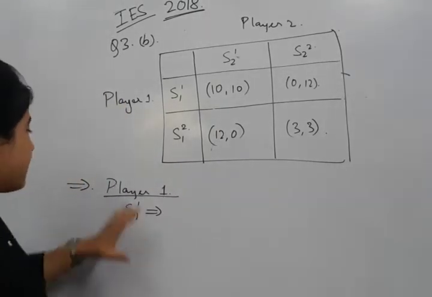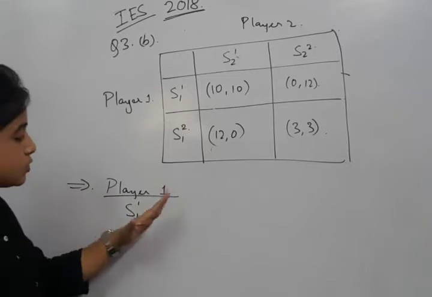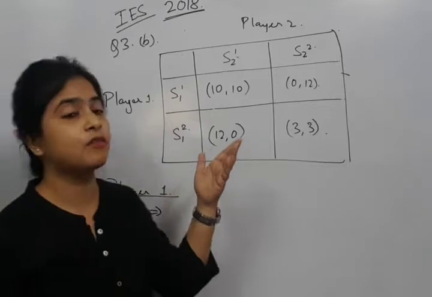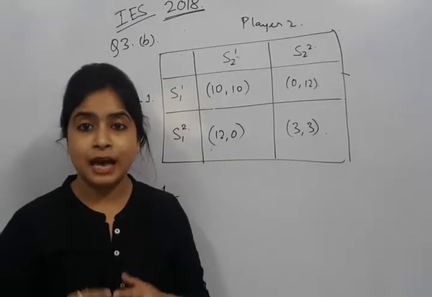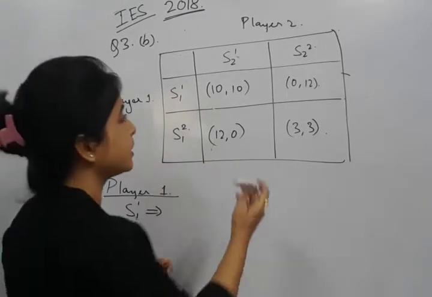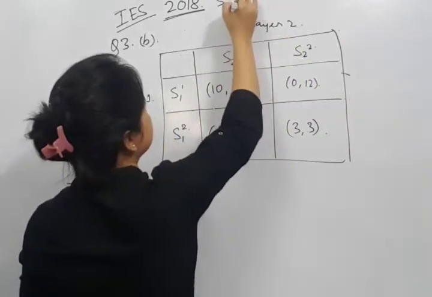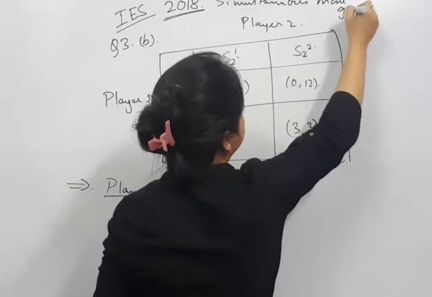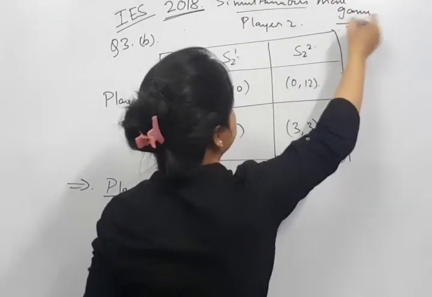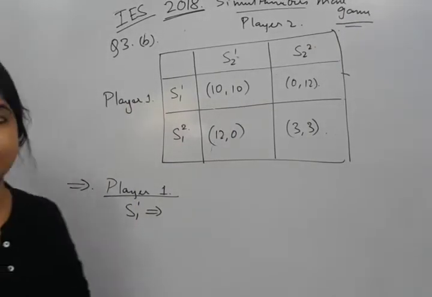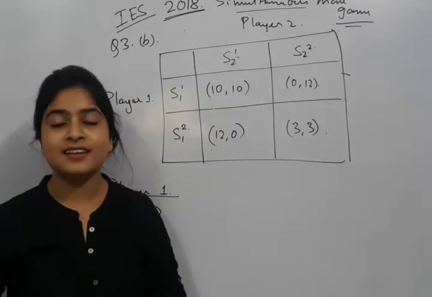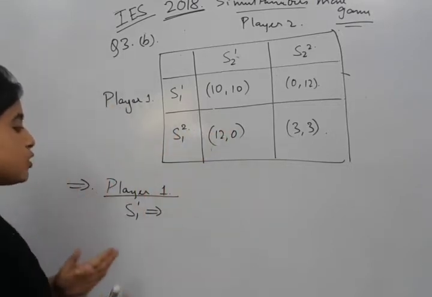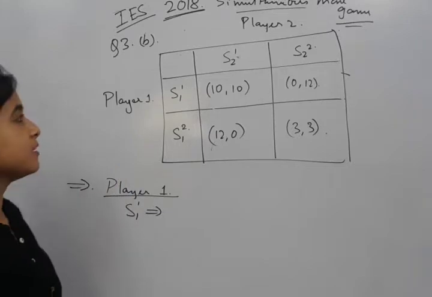Coming back, player 1 has chosen strategy S1 dash. He has declared it, and they have also mentioned that this is a simultaneous move game. So they know their strategies. That means player 1 is revealing his strategy to player 2. Now player 2 can choose based on what player 1 has already chosen.